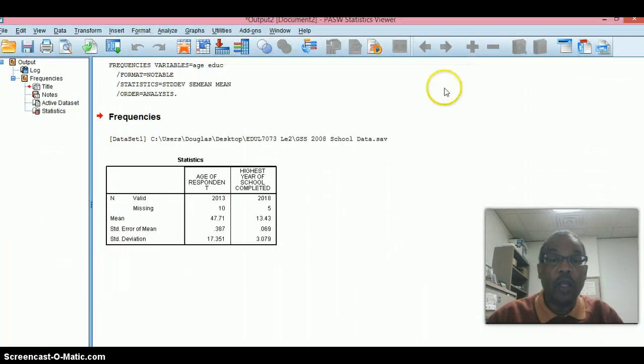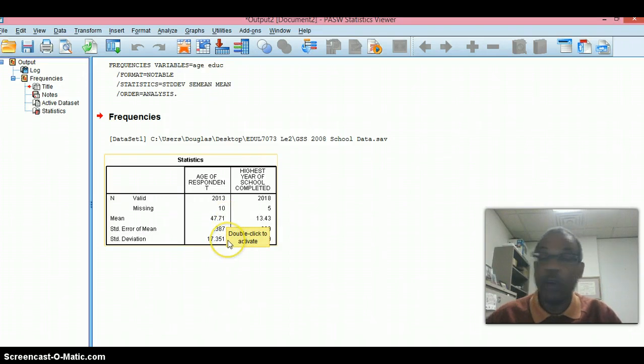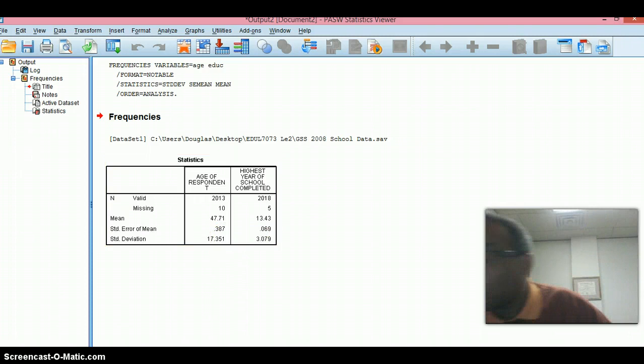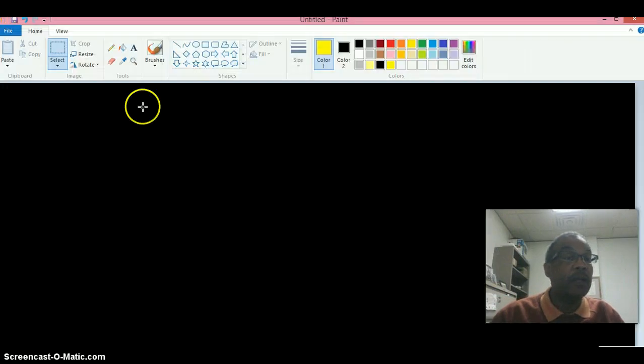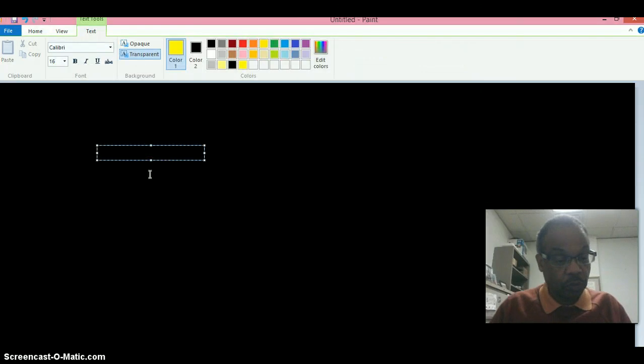And so here is the table that gives you the information that we need. So just to be sure, for age of respondent, the mean is 47.71 and the standard deviation is 17.351. Okay, so given that, we could go back and compute the Z-score. Right, Z is equal to 60.